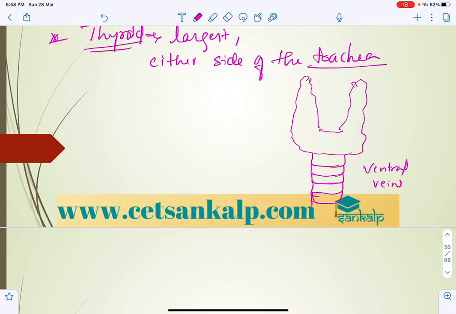And likewise, if you see the dorsal view, where the parathyroid gland is present, it looks like this.